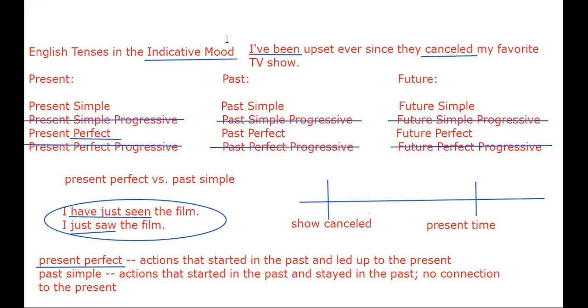So your show was canceled here, right? And ever since that point, you have felt upset. So do you see how the present perfect starts at one point in the past and leads right up to the present? Because the point that the show was canceled would be the past simple, because it's just one point in time, and then you've been feeling upset all the way up to the present. So that's the difference between the past simple and the present perfect.